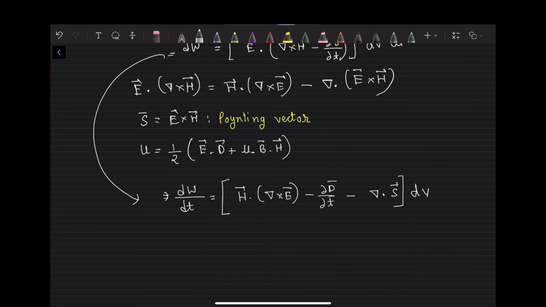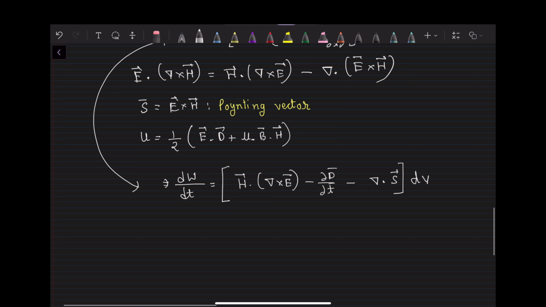So what I am trying to do here is do an integration to find total density, total energy density and everything.